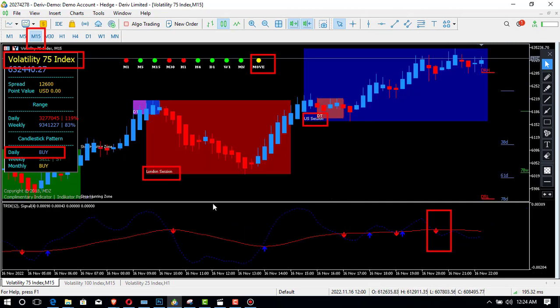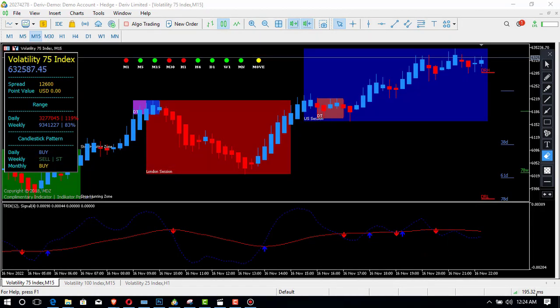So if you need to use support or resistance in that market, you can use it. There's no problem.